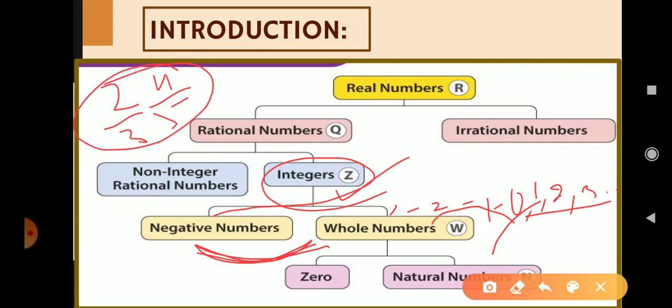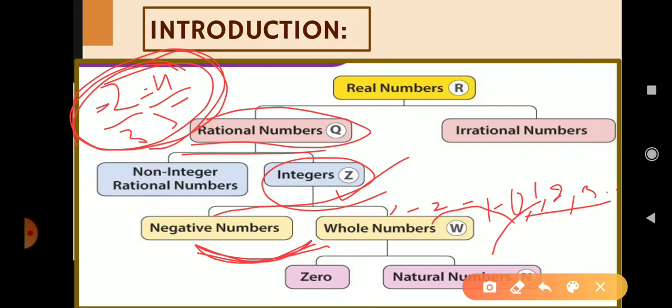But if we consider negatives also, like -2 by 3, fractions are not always positive. Numbers that can be expressed in the form P by Q, where P and Q are integers, we call rational numbers.